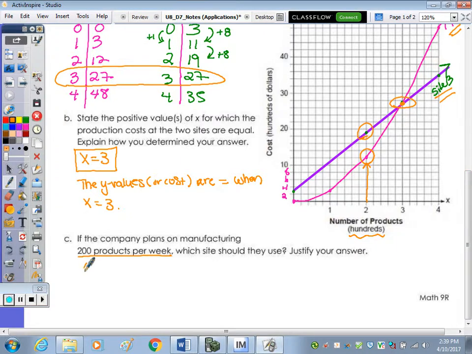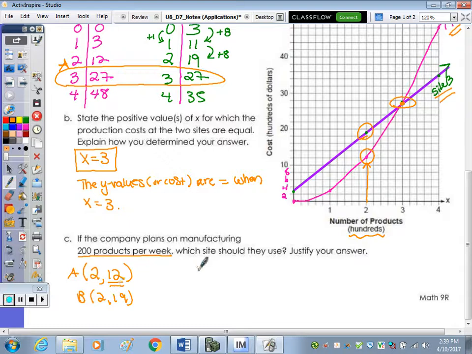If you actually look at it in terms of points for an x value of 12 up here on your table or on your curve, you've got 12, 2, and that was for site A. And then site B, it was 2, 19. And again, your y value is cost. So you're going to want to choose the site that has the lower cost for that production.